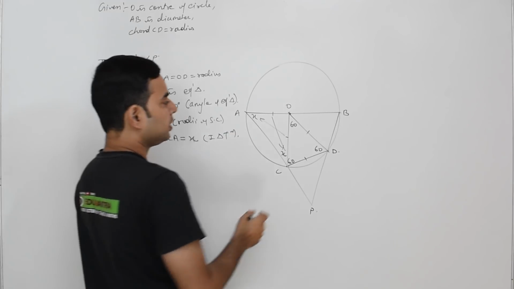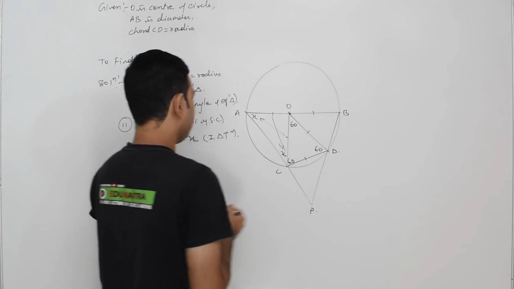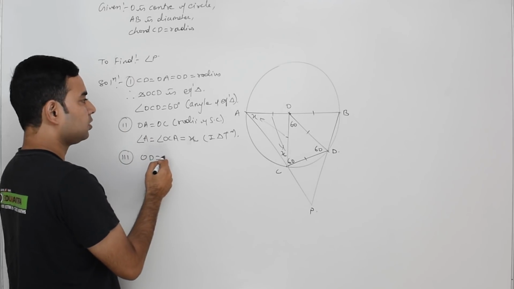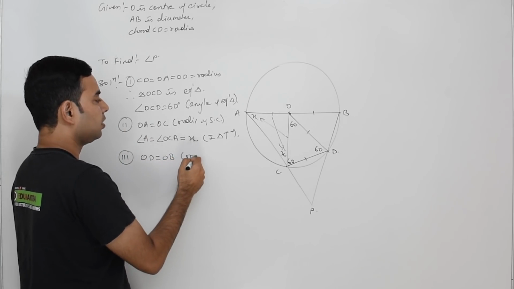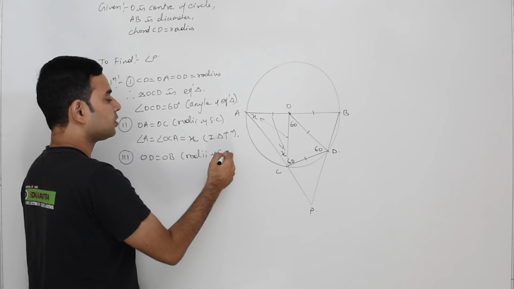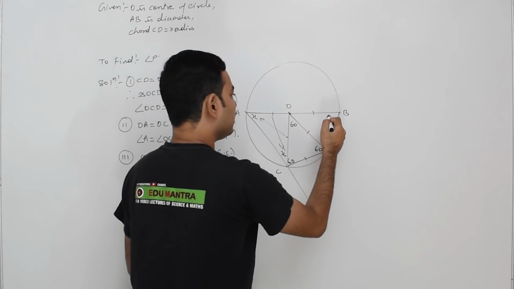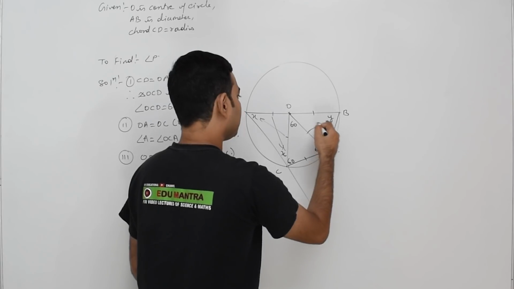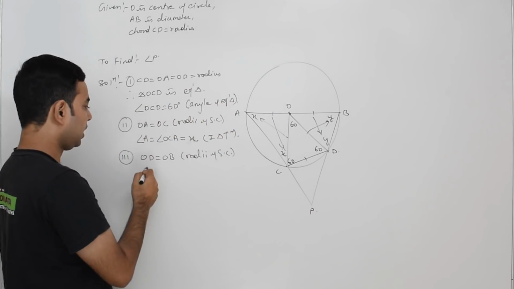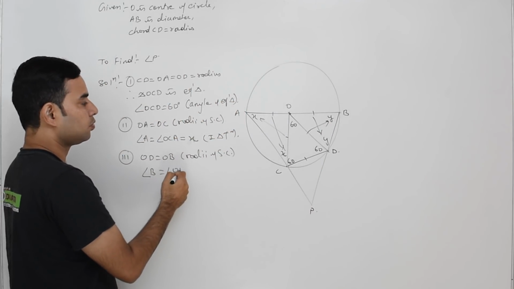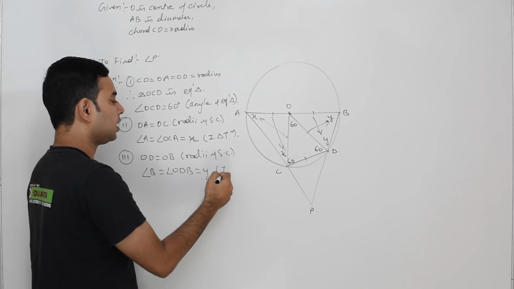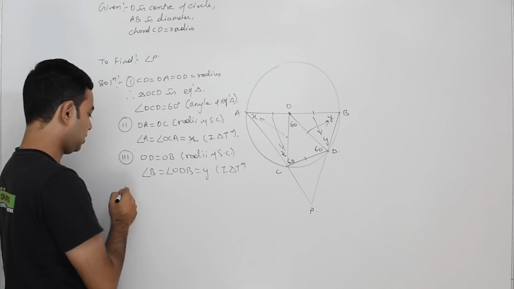Similarly, OD is equal to OB, again radii of the same circle. So angle B is equal to angle ODB is equal to y, by isosceles triangle theorem.